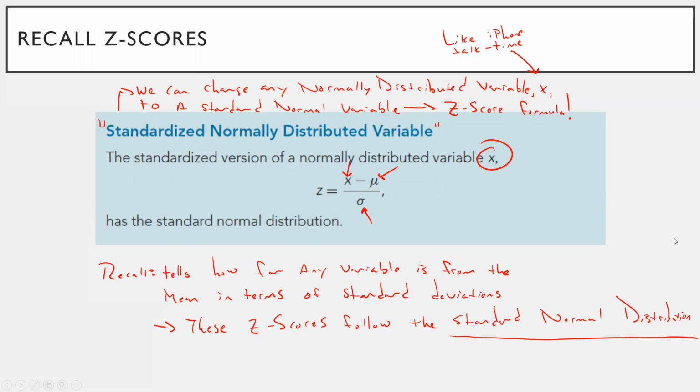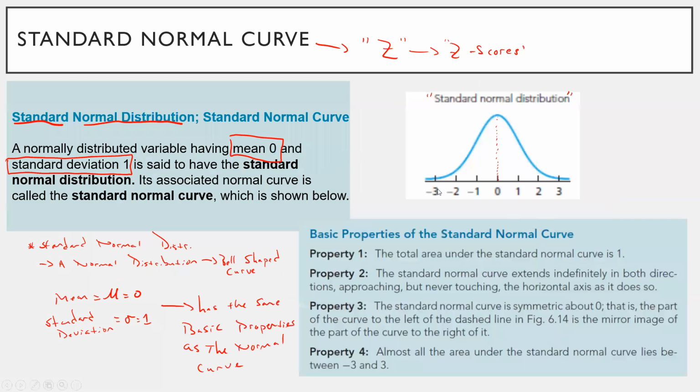Whenever you see a z-score, it's going to follow this bell curve right here that's centered at 0 and has a standard deviation of 1. Okay.